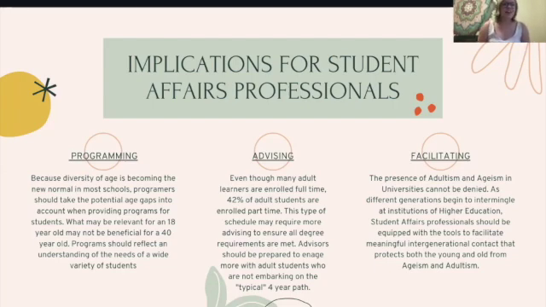And there's just a lot of lack of understanding and a lot of stereotyping that goes on for every single generation. And so it's important as student affairs practitioners that we are trying to facilitate meaningful interactions between these different student populations to ensure that we are protecting our students from potential prejudices and discrimination.